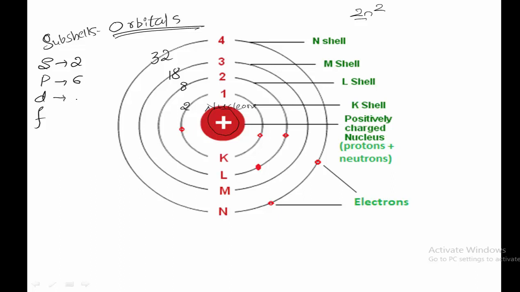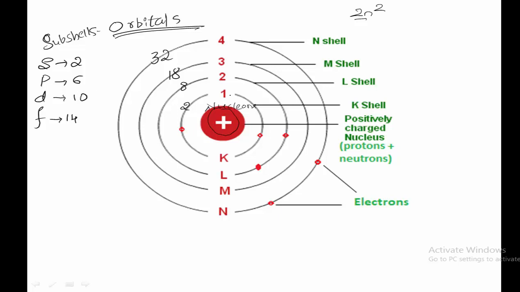In the D subshell the maximum number of electrons will be 10, and in the F subshell the maximum number of electrons present will be 14. So remember, in S 2 electrons, P 6 electrons, D 10 electrons, and F 14 electrons. Maximum this much amount of electrons will get occupied in these subshells.